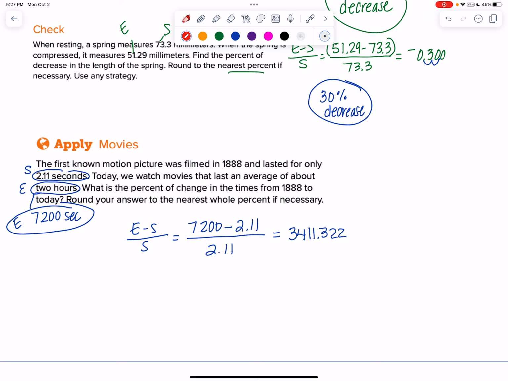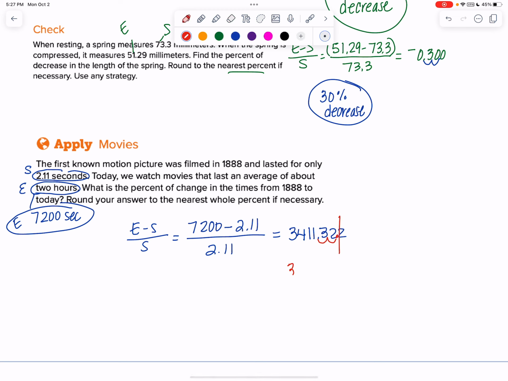So if we're going to take the decimal and change it to a percent, remember we're multiplying by 100, so swoop, swoop. And so here's the percent. Rounding to the nearest whole percent, so I get to cut it right here and round.